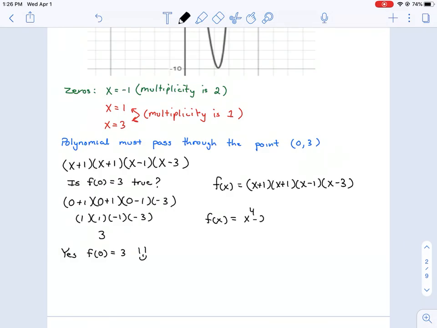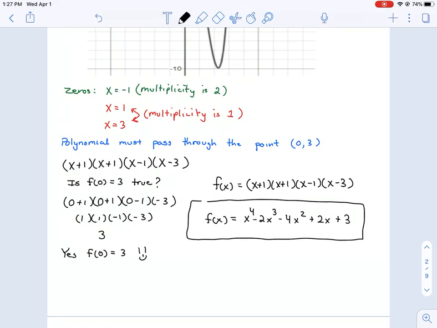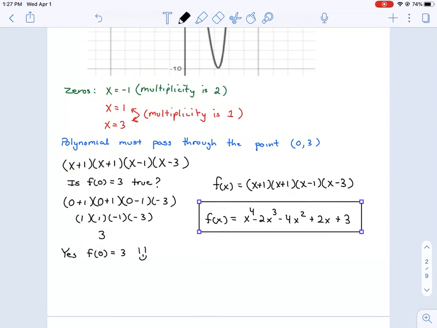And if you multiply those four binomials out, that will be x to the 4th minus 2x cubed minus 4x squared plus 2x plus 3.